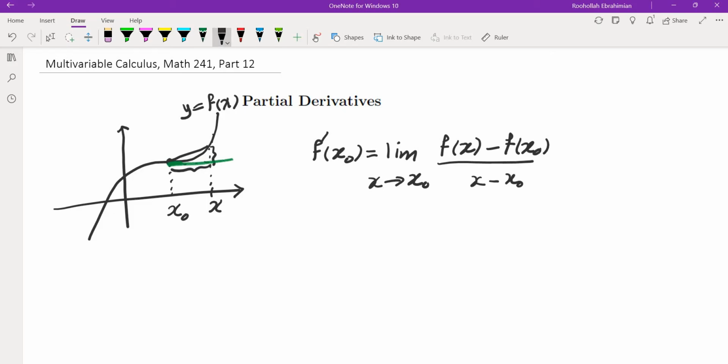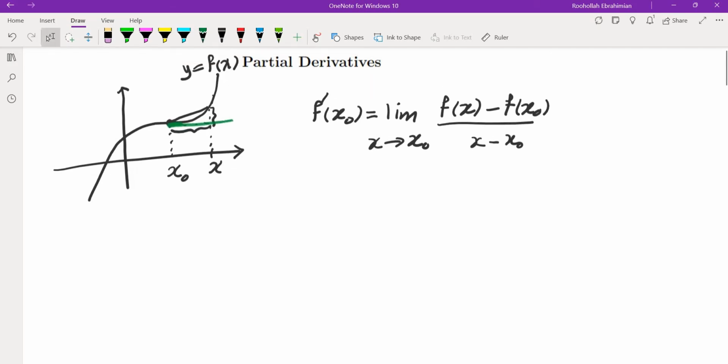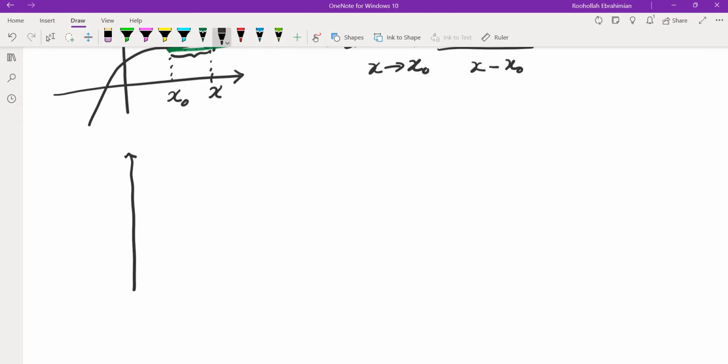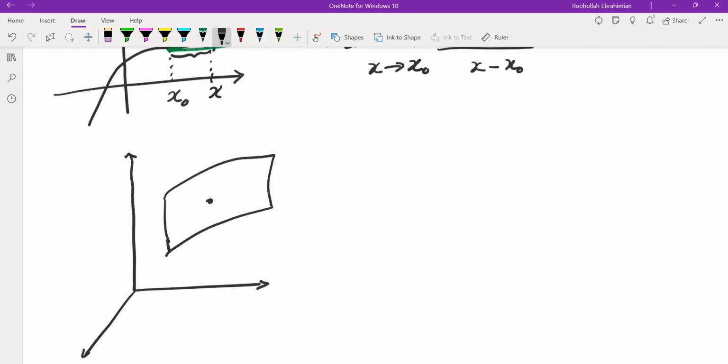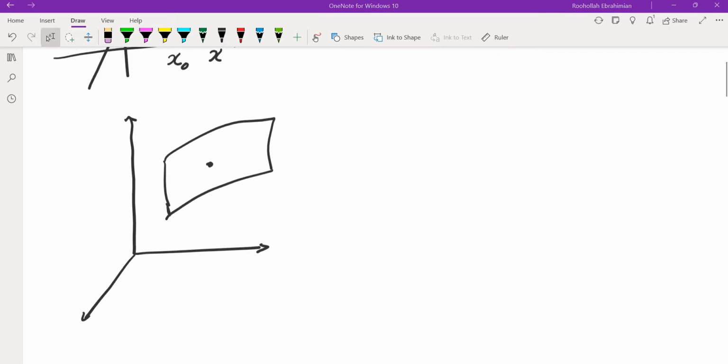Now, if we are dealing with a function of two variables, then the graph would be in 3 dimensions. Looking at the graph, we will be able to travel along this surface in many different directions. So the steepness or the slope along this surface would be different if you travel in this direction or this direction or this direction.